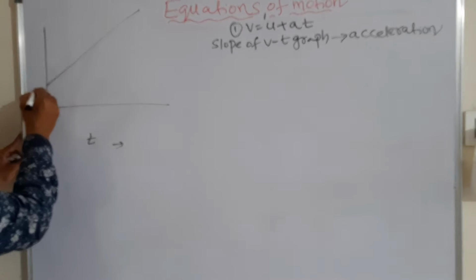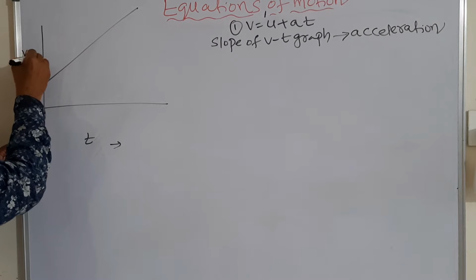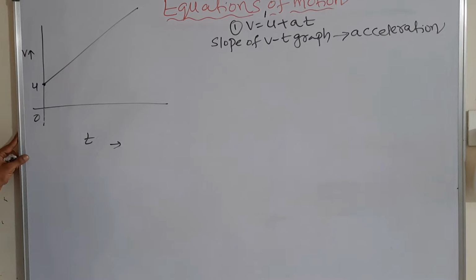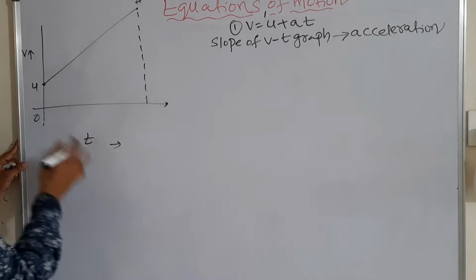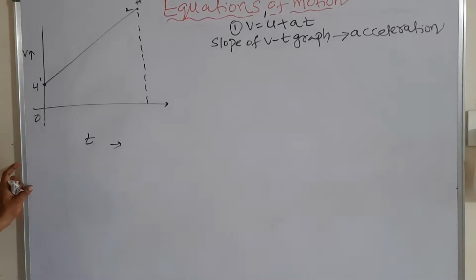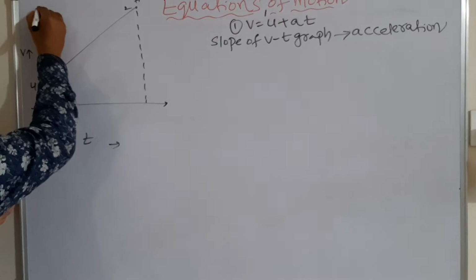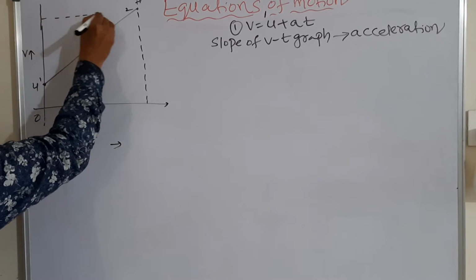It has some initial velocity u. This point is A. Draw a perpendicular line on the x-axis, meaning time. Fix 2 points, this is 1, this is 2. At this point, what is the value on the y-axis?